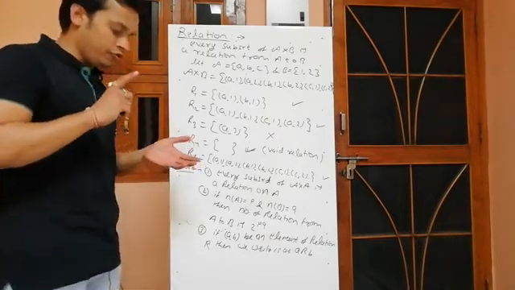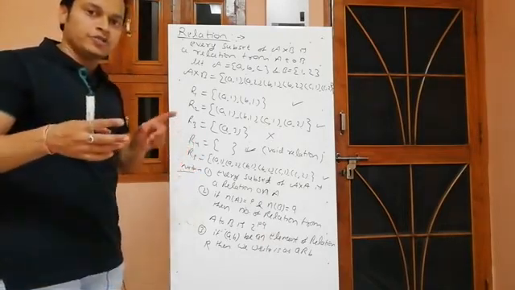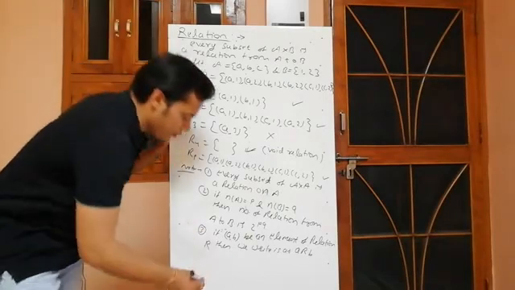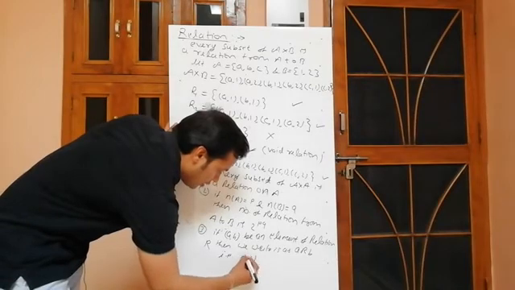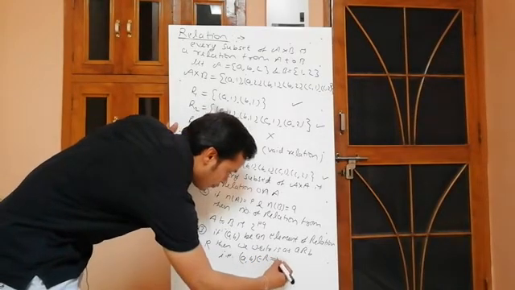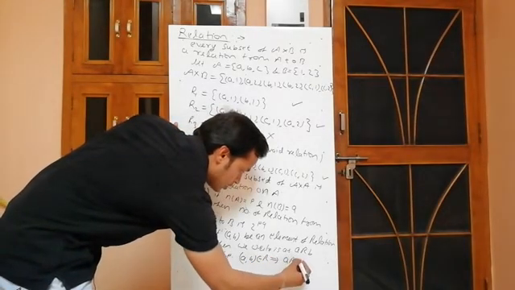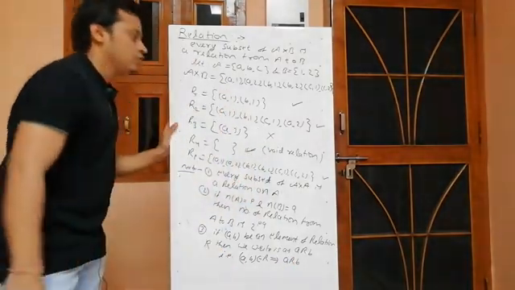It means if it is written that a is related to b, then (a,b) belongs to R. Or simply, (a,b) belongs to R if a is related to b, like this.